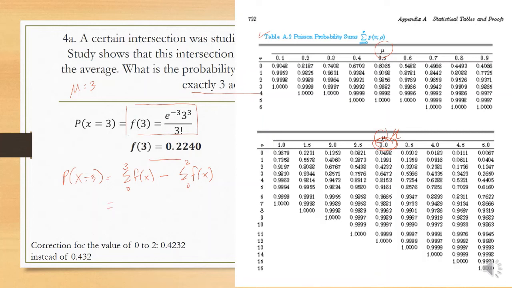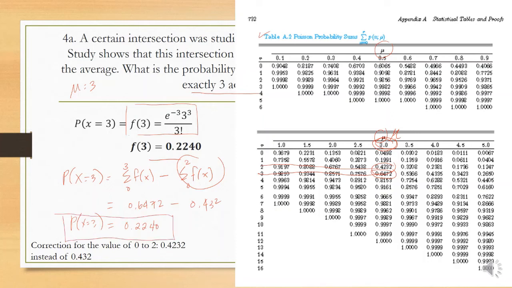So, magre-read ngayon tayo 3 at yung mu na 3, meron tayong 0.6472. And then, yung 0 to 2 natin naman ay 0.432. Okay? Doon sa ating calculator, pag exactly 3 siya, makikita natin we have 0.2240 as well.